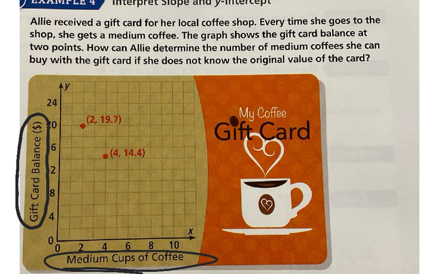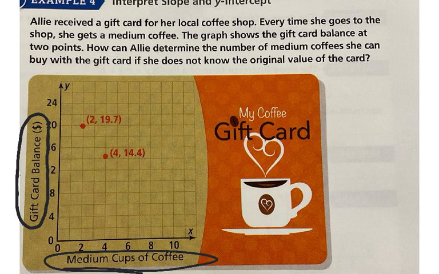So when I look at this point, can somebody explain to me in words what this point is saying? That's how much it is for her to buy 2 cups of medium coffee. Okay, not quite. You're correct in one part of it. It is 2 cups of coffee. That's how much is left on the gift card.